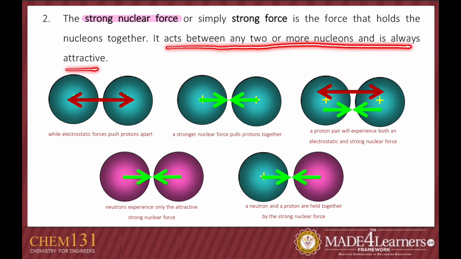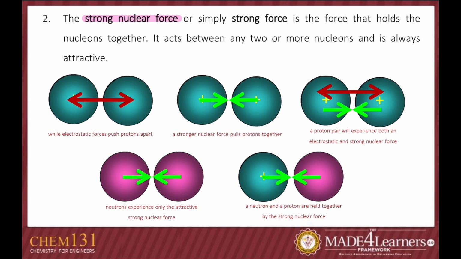So kung naay repulsive force, naay attractive force between the nucleons, so the electrostatic force only exists between the charged particles, but for the nuclear force, it also works on the neutron.